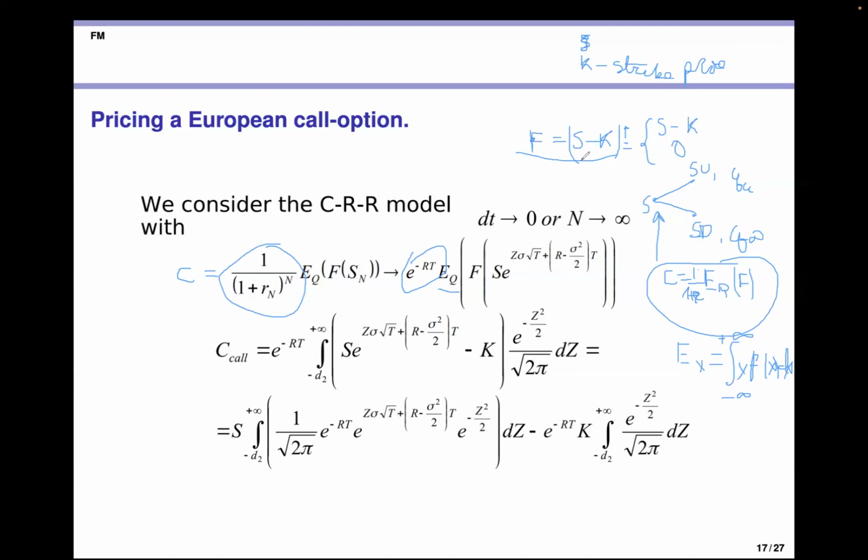X is this our value, and this value will be not 0 when s is more than k. So instead of the integral from minus to plus infinity, we write the integral from some value to plus infinity, and this value is exactly where s is more than k. So we need to find this value as the solution when s is more than k.